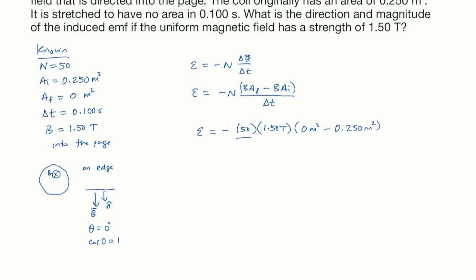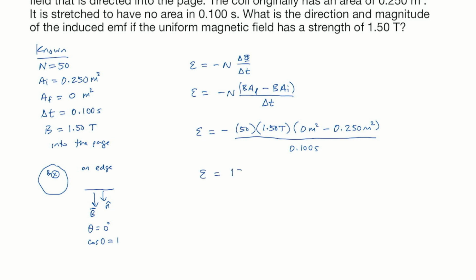All of this is divided by the time, which is 0.100 seconds. I did this calculation and I got 187.5 volts, and so I called it 188 volts. So that is the magnitude of the EMF.